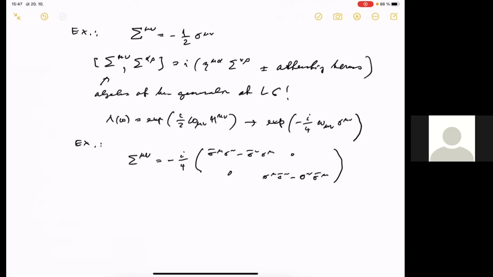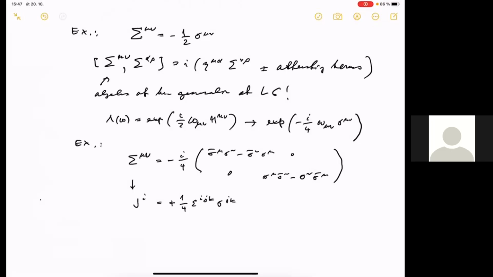If you calculate this, you find that the generators corresponding to rotations are now represented as 1/4 epsilon ijk times the corresponding sigma jk.